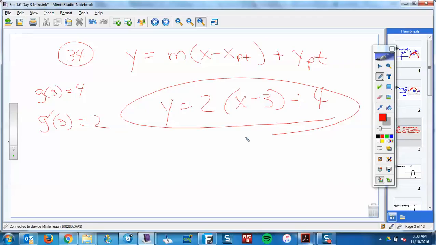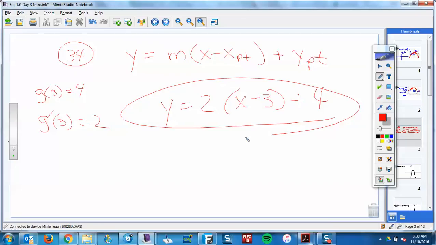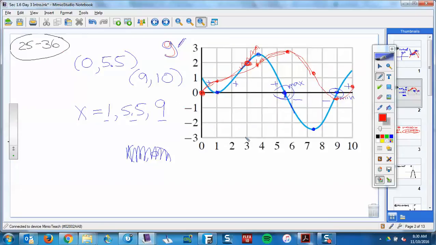I mean, Patricia and I were talking about this earlier. What's hard is recognizing where to get the slope, right? Where to get the slope. It's the derivative. The y value on the g prime graph is the slope of g at 3, right? So if I want the equation of the tangent line, here's my tangent line, because I drew my g graph.